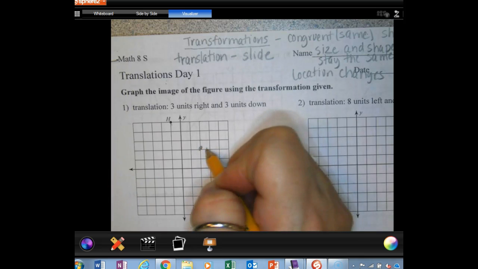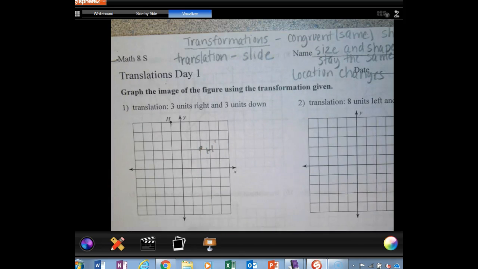I'm going to call this H prime. So I give it like a little tiny mark. It's not a 1. Sorry, it's not a 1. It's just a mark. H prime. Okay? So don't try and copy it off of my projector.